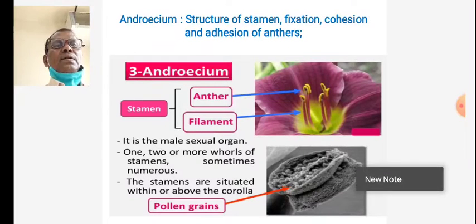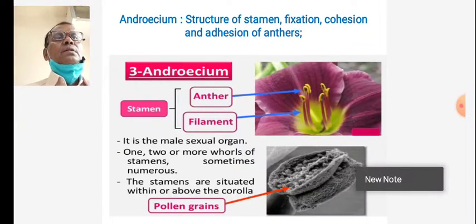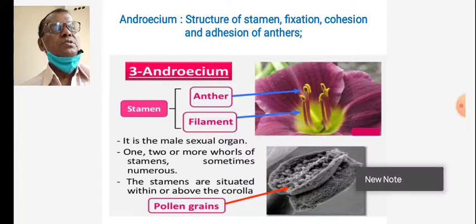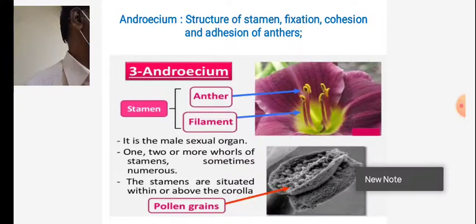Flower 1 lecture, flower 2, and now the third reproductive organ, the structure androecium. So: structure of stamen, the fixation of stamen, cohesion of stamen, and the adhesion of the anthers, that is, how the anthers are attached to the filament. Here you are observing good photographs of this, particularly androecium.